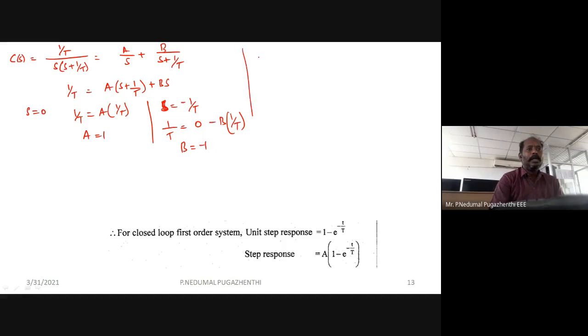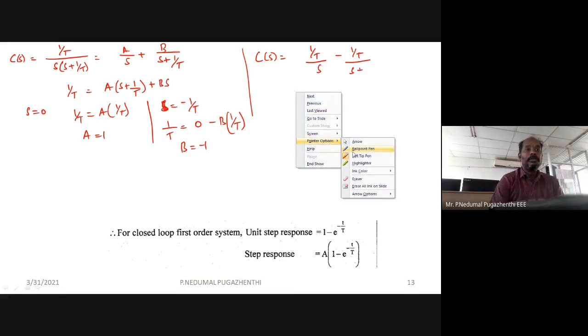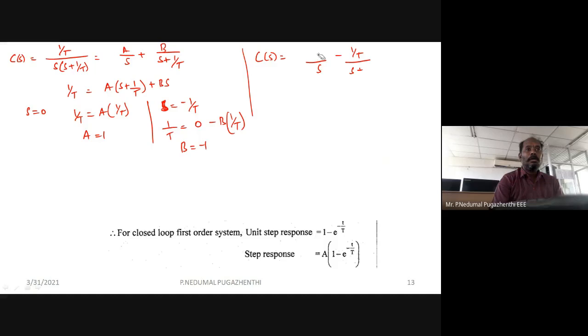Knowing that, I can write C of S is equal to 1 by S minus 1 by S plus 1 by t. If I take the Laplace inverse, what is the Laplace inverse of 1 by S?